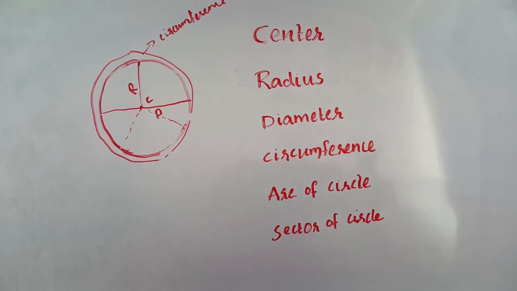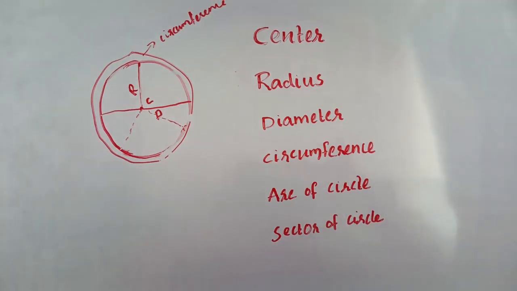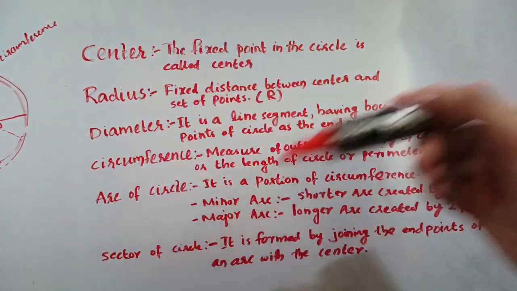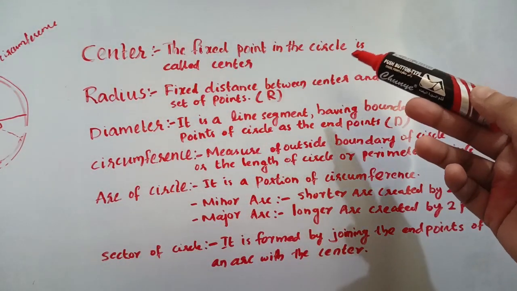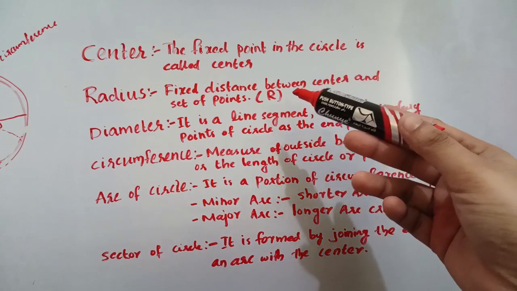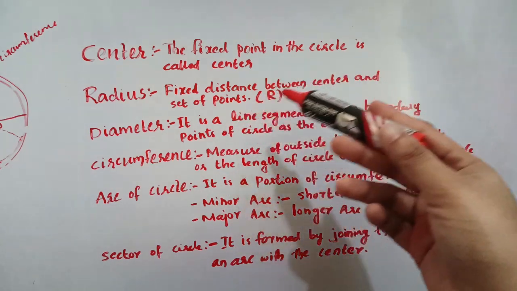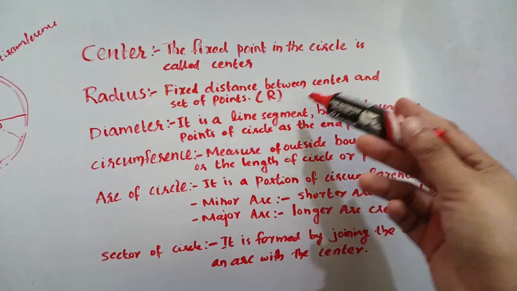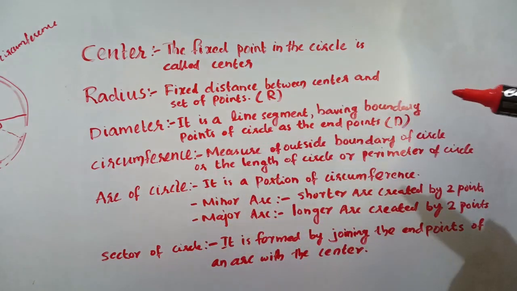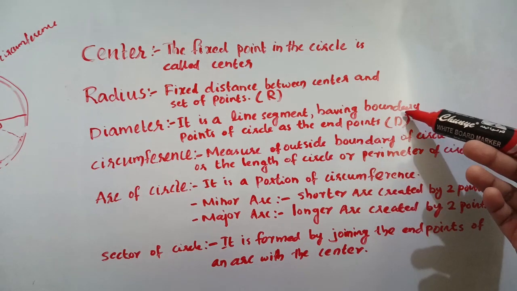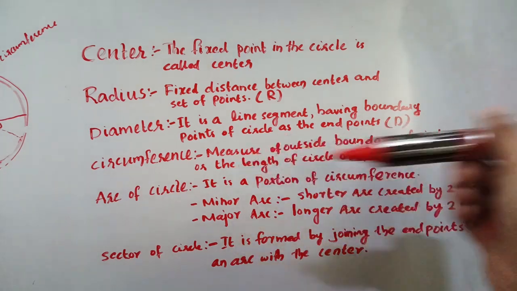Next we can write definition for each terms. The center. The fixed point in the circle is called center. The radius. The fixed distance between center and set of point. It is denoted by R. Diameter. It is a line segment having boundary point of a circle as the end point, denoted by D. Circumference.